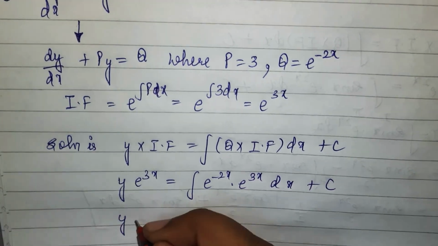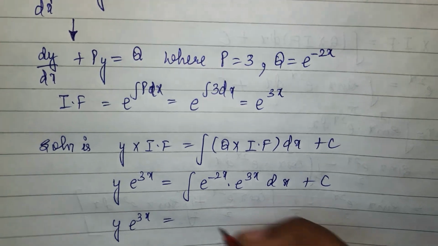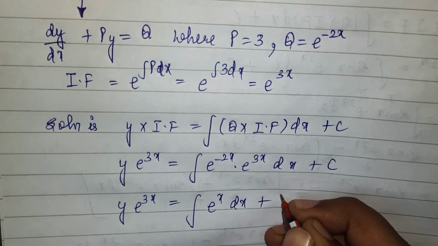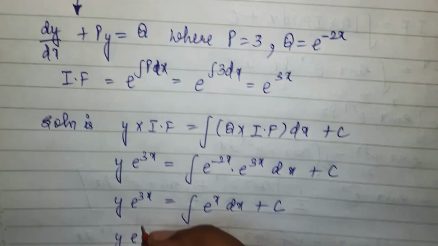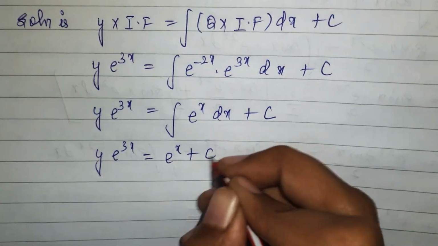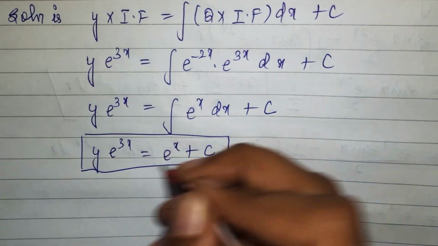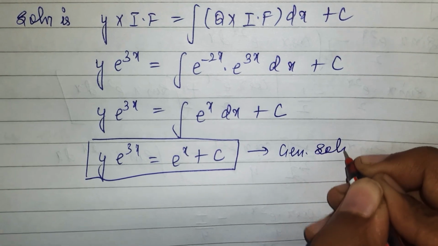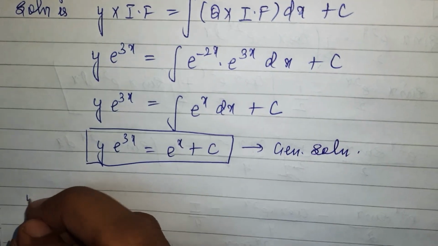Base same, power add, e raised to the power 3x minus 2x becomes e raised to the power x, dx plus c. So I am getting y e raised to the power 3x equals integration of e raised to the power x, which is e raised to the power x, plus c. So this will be your general solution.